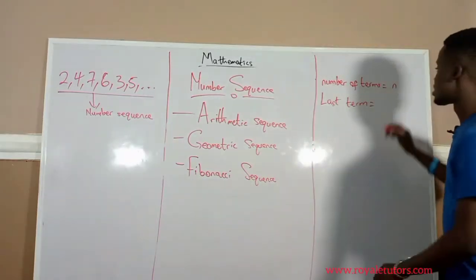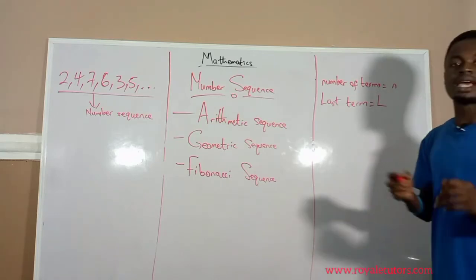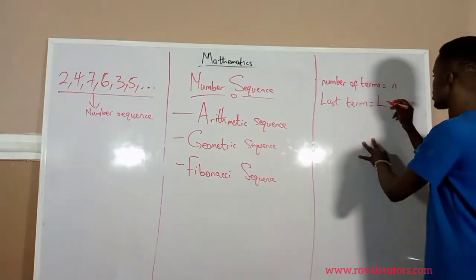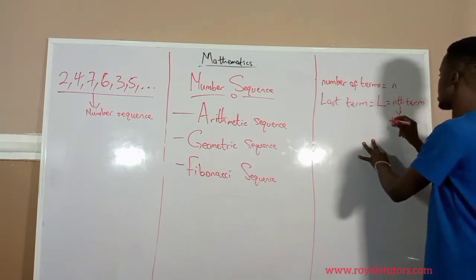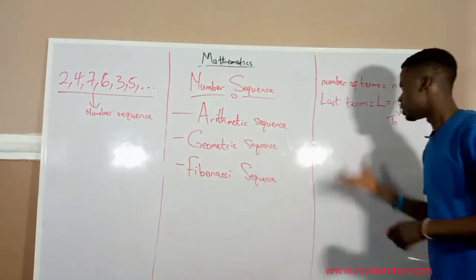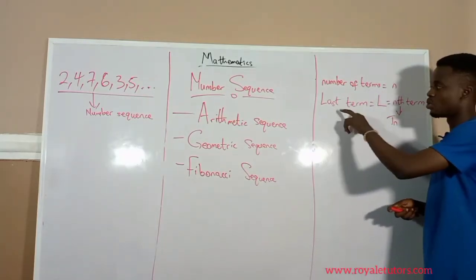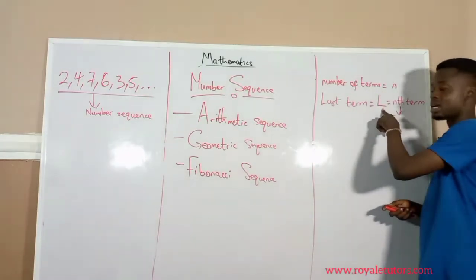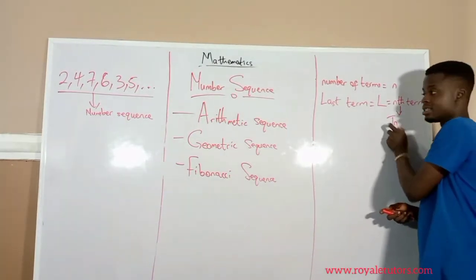Most of the time, the last term is represented by capital L. But sometimes we call it nth term, and at the same time, we can call it Tn. By the time I take each of them one after the other, I will explain what this means. But you are going to see something like this as we go on: last term, which is capital L, which is sometimes referred to as nth term, which can also be Tn.